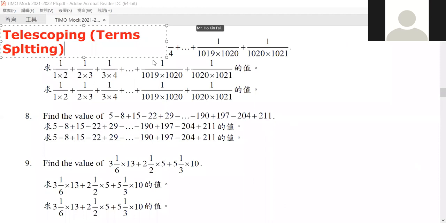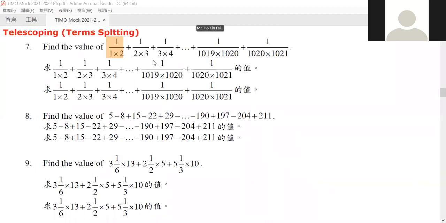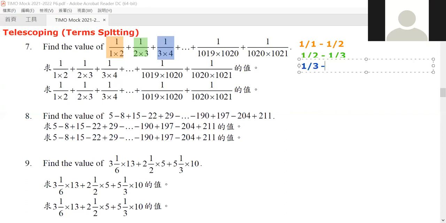For example, for our first term, 1 over 1 times 2, we can split this term into two parts. It's 1 over 1 minus 1 over 2. For our second term, this can be split into 1 over 2 minus 1 over 3, and so on and so forth. For our third term, it would be equal to 1 over 3 minus 1 over 4.